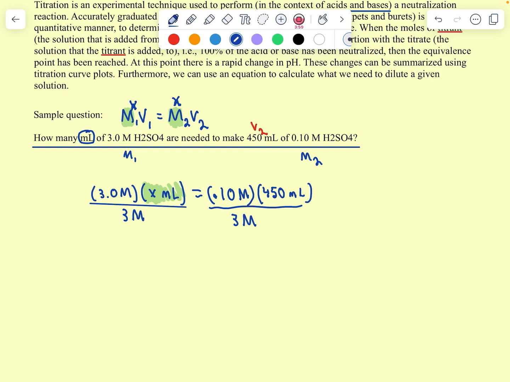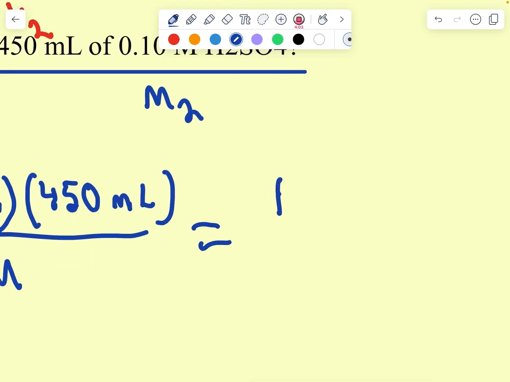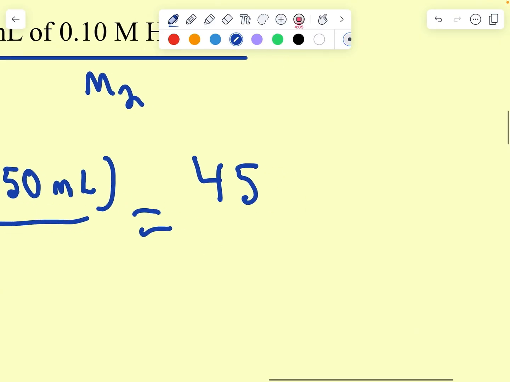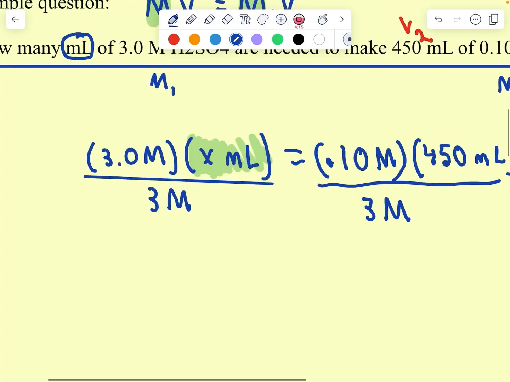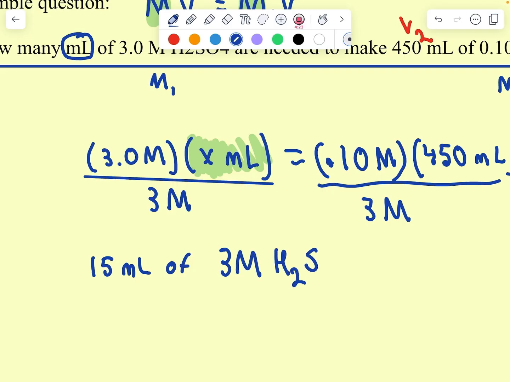And we divide that by 3, which I hope I don't need a calculator for. That is 15. Yep, so we get 15. And it asks us for milliliters, so we know our answer is 15 milliliters of 3 molar H2SO4. And that is how you use the dilution equation for this unit, and this is topic 4.6.